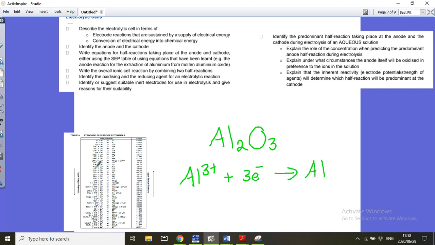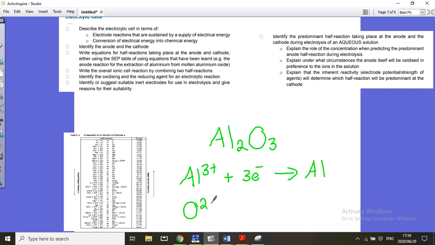So that half reaction is there, and I'm going to form aluminium. So that's going to be my reduction half reaction because I'm gaining electrons. Now, this will move to the negative electrode, remember? And reduction happens at the cathode, so it all makes sense.